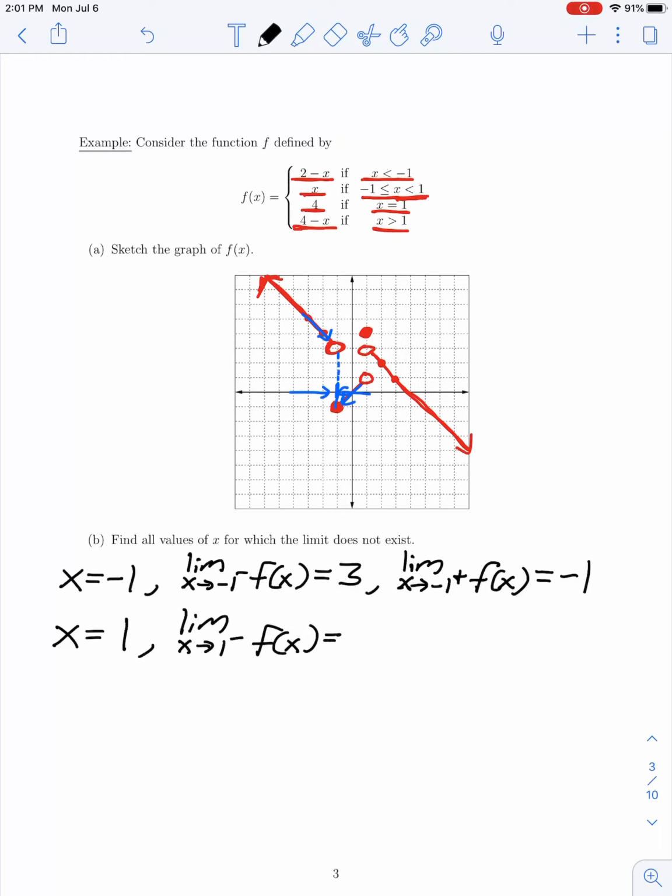If we take 3.01, we would have 1 divided by 1/100th, which would be 100. And if we take 3.001, we have 1 divided by 1,000th, which would be 1,000. So as our values of x are getting closer to 3, we can see the values of our function are getting larger in the positive direction.